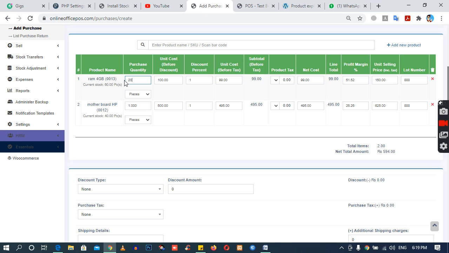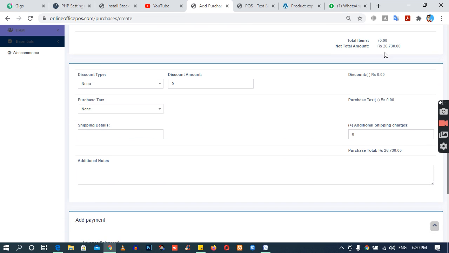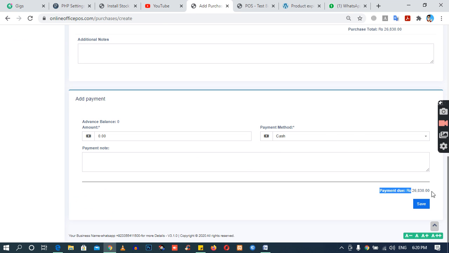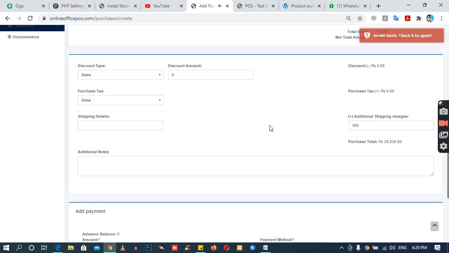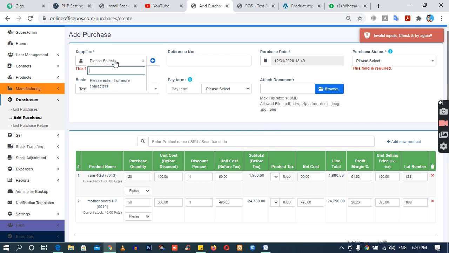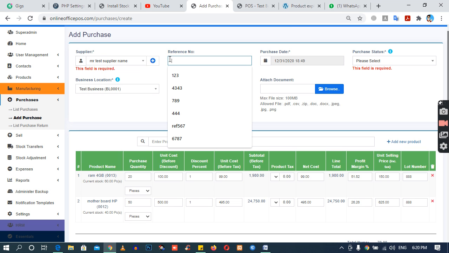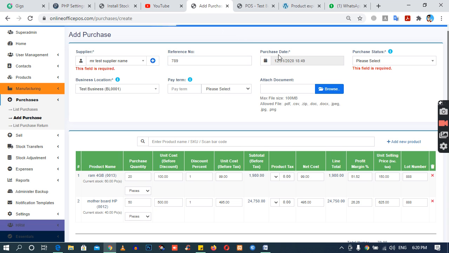This is quantity, I am purchasing 20 quantity, and this is 50 quantity. So the total bill is this, and the shipping charges is this, and the total amount is 26830. The supplier is not added, the same supplier. Okay, the reference is this, stock received.